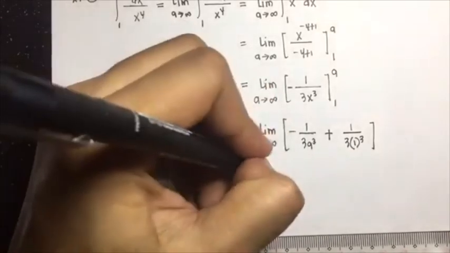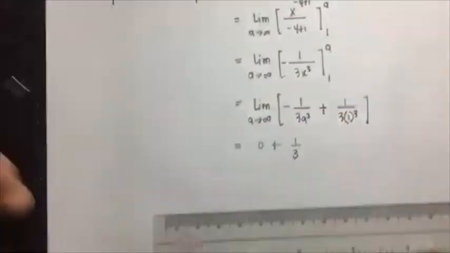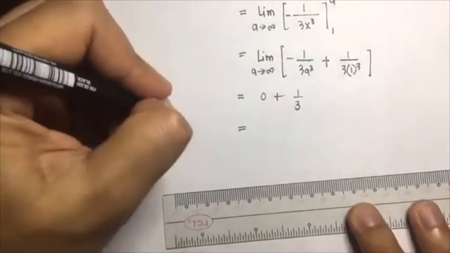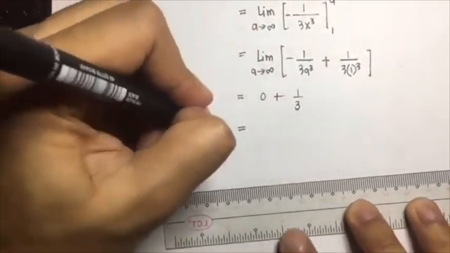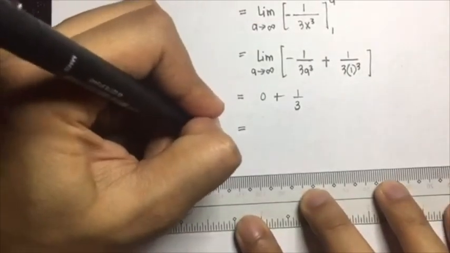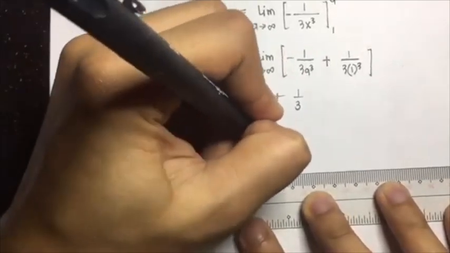So it's 0 plus 1/3. Therefore, our answer is 1/3. The integral of dx over x to the power of 4 from 1 to infinity is equal to 1/3.